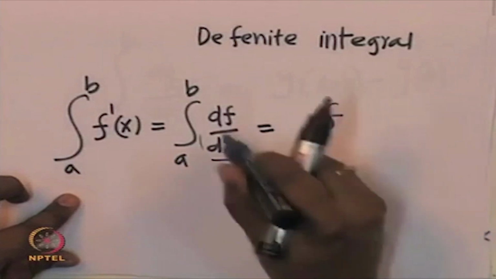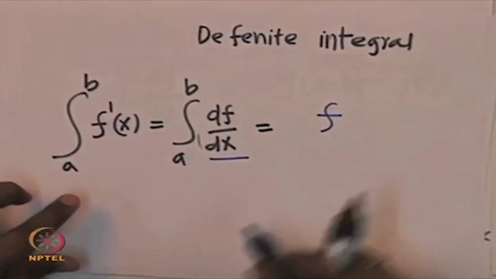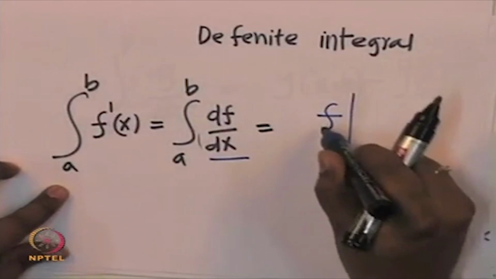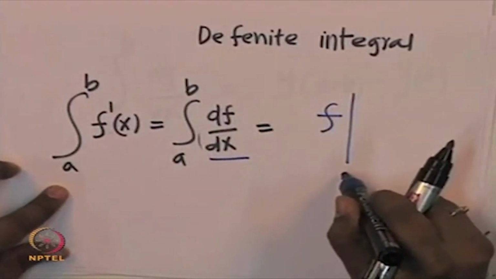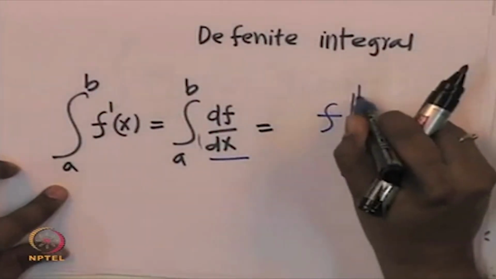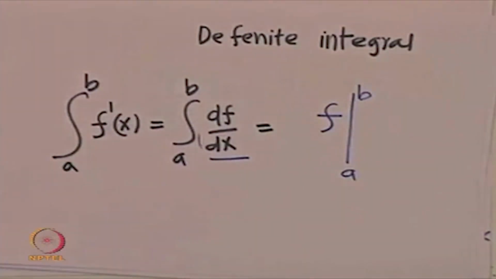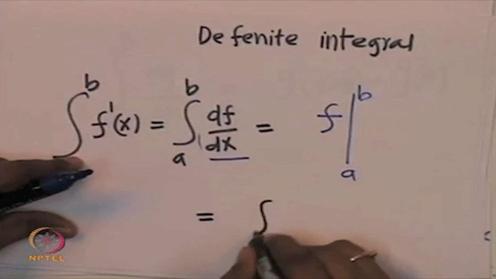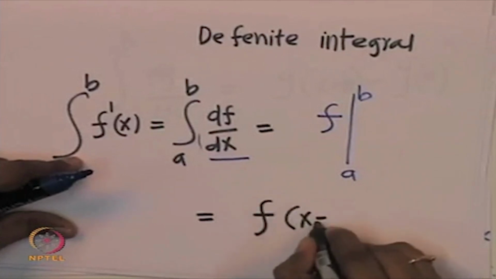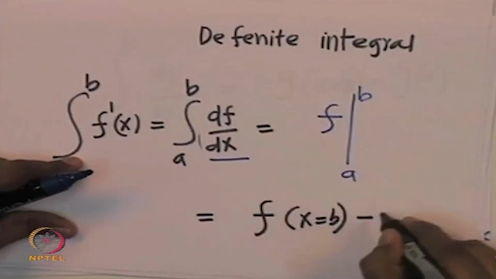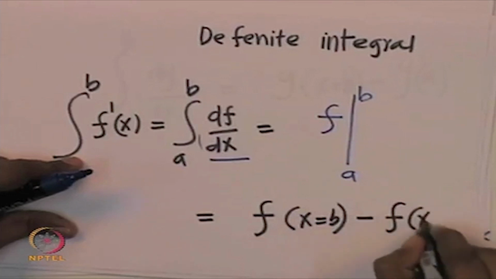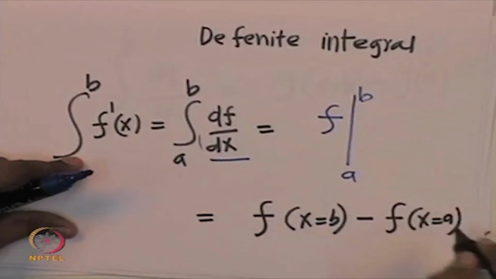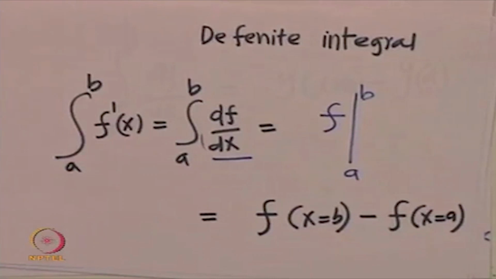The integral of df by dx is f, we know. Then you can evaluate this f between these 2 points a and b. What this means is f at x equal to b minus f at x equal to a.